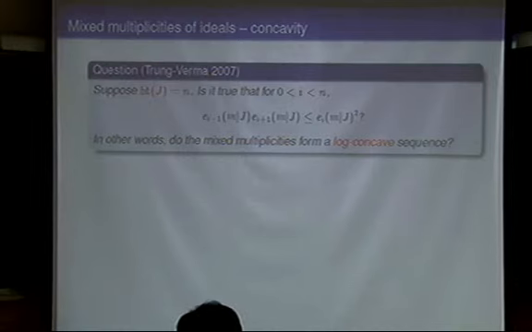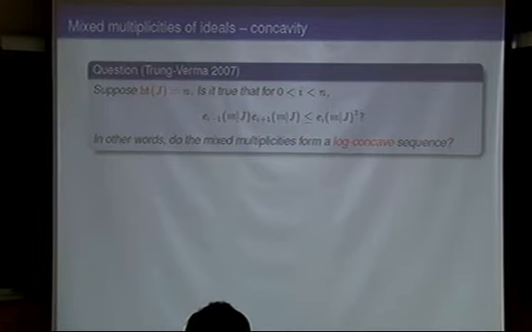And recently, Trung and Verma showed that if J is a monomial ideal, then these mixed multiplicities are mixed volumes of certain polytopes associated to m and J. So as a classical application of convex geometry, the Alexandrov-Fenchel inequality says that these numbers, the e_i, form a log concave sequence.